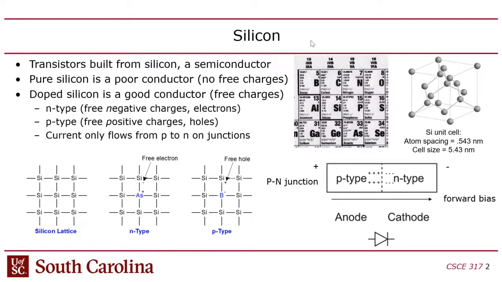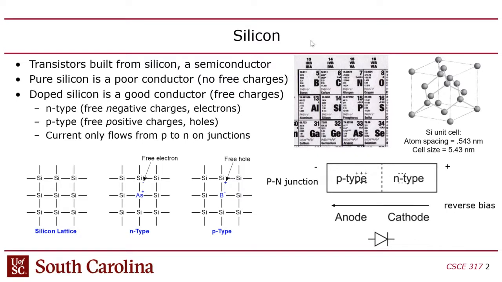So current flows from P to N, and in order to get current to flow, even in a forward bias, you need to have the positive voltage on the P-type relative to the N-type. So that's a diode.